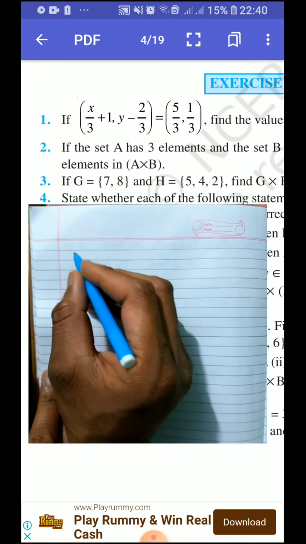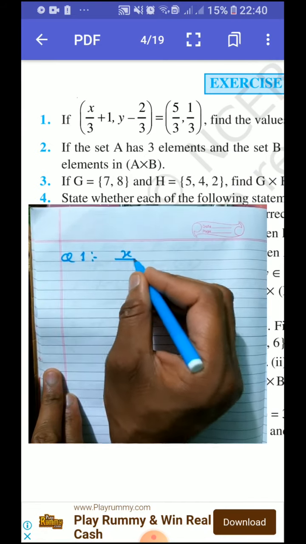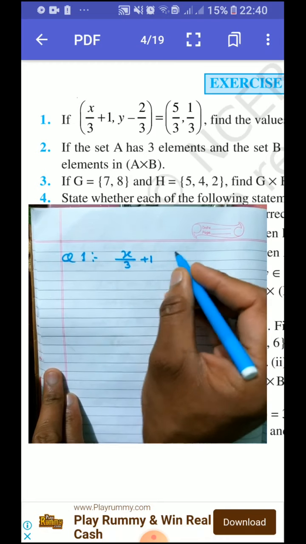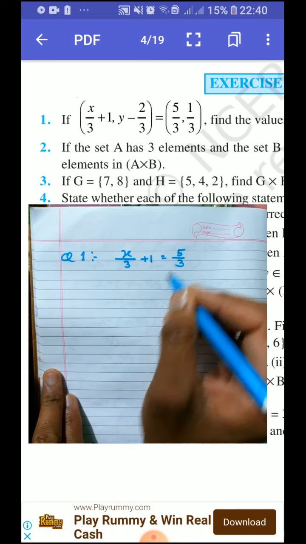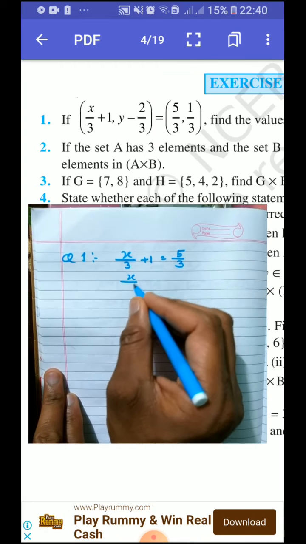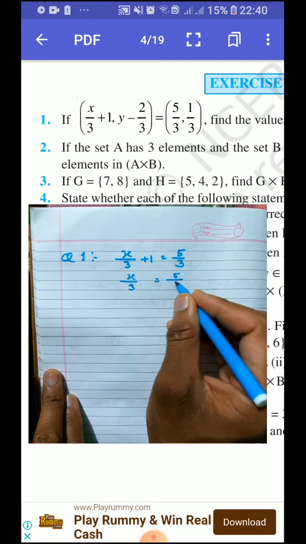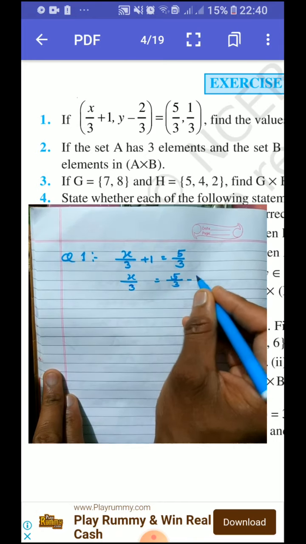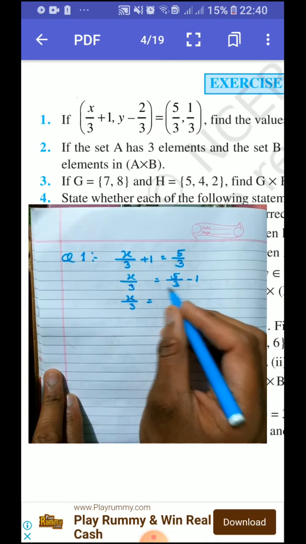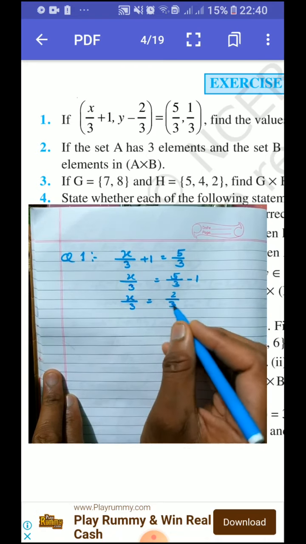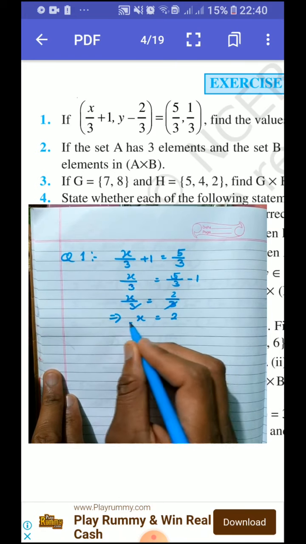So you can write x/3 + 1 = 5/3. x/3 = 5/3 - 1, so x/3 = (5 - 3)/3 = 2/3, which implies x = 2.